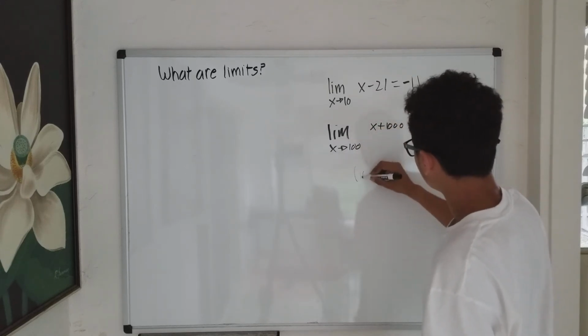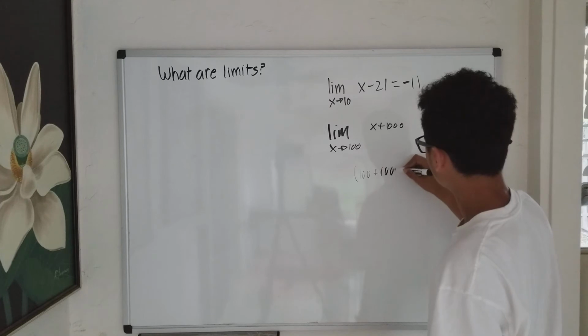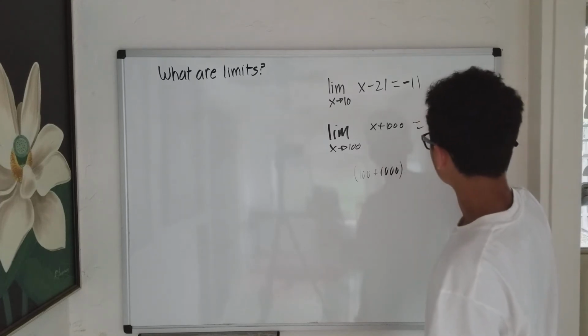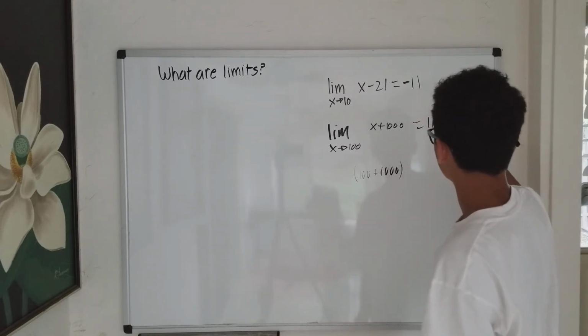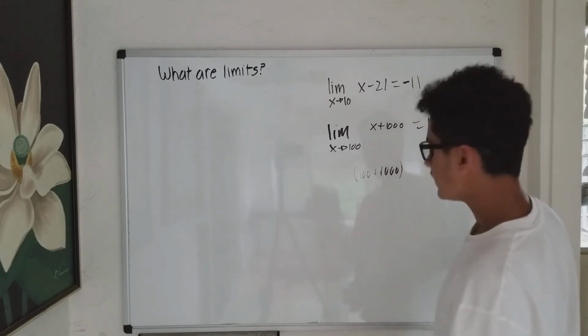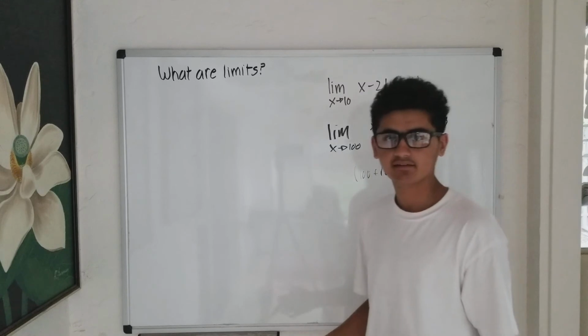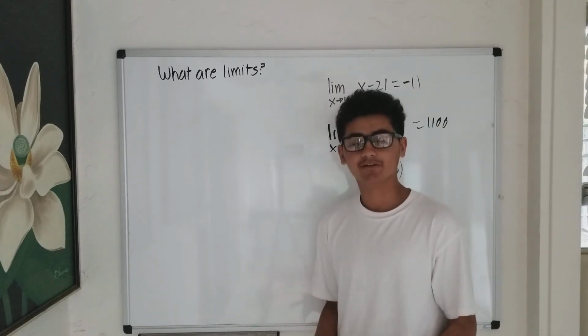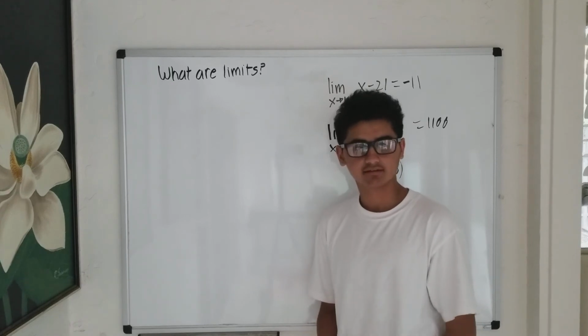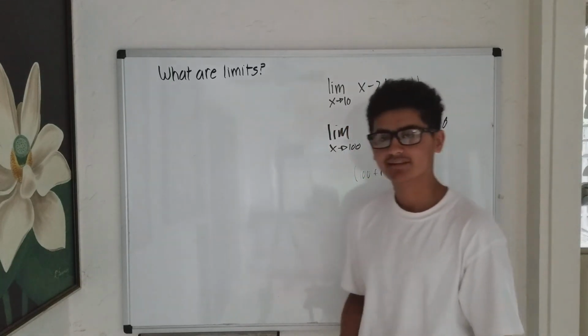It would become 100 plus 1,000, and this would equal 1,100. Very simple concept, actually, and it is very widely used in calculus.